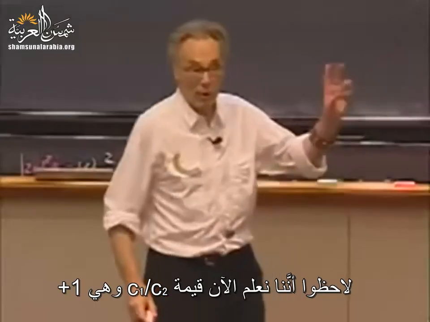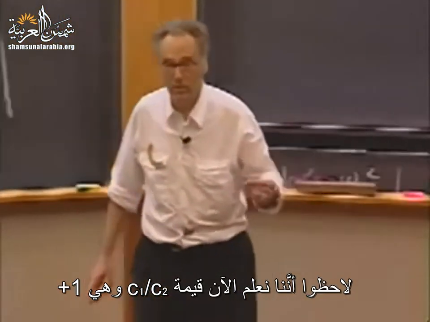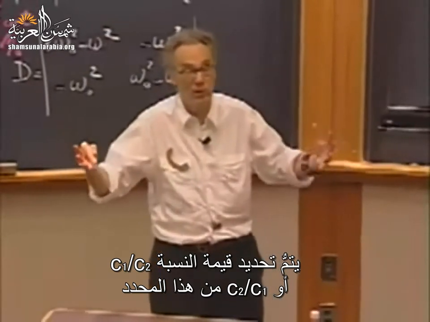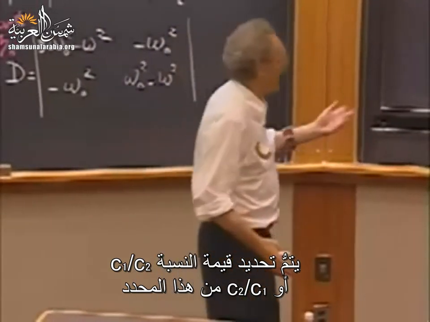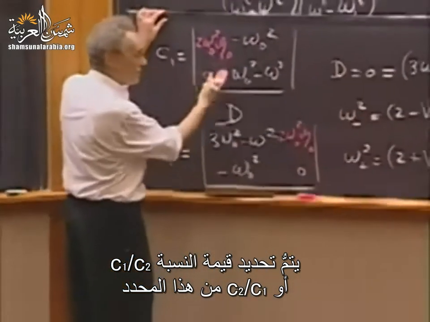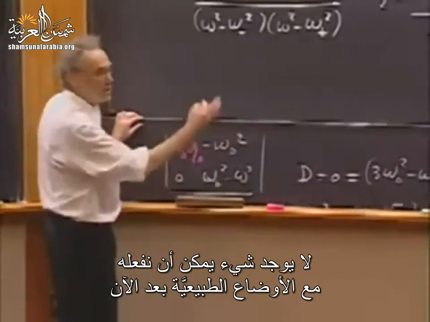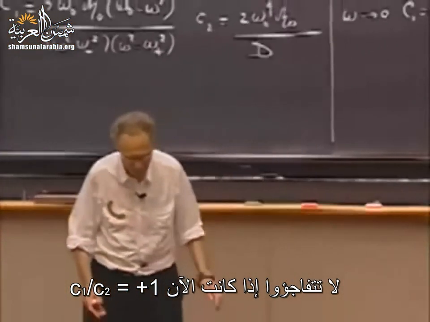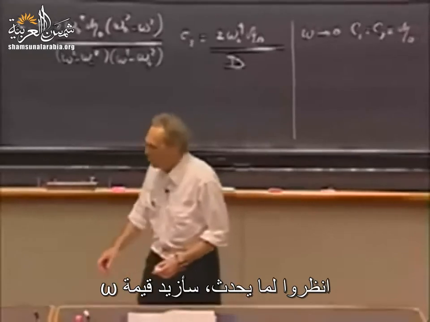So notice that we now know the ratio C2 over C1, which is +1. The ratio C1 over C2 or C2 over C1 are now entirely dictated by this. Nothing to do with normal modes anymore. So don't be surprised that C1 over C2 is now +1. Now look what happens. I'm going to increase my omega.